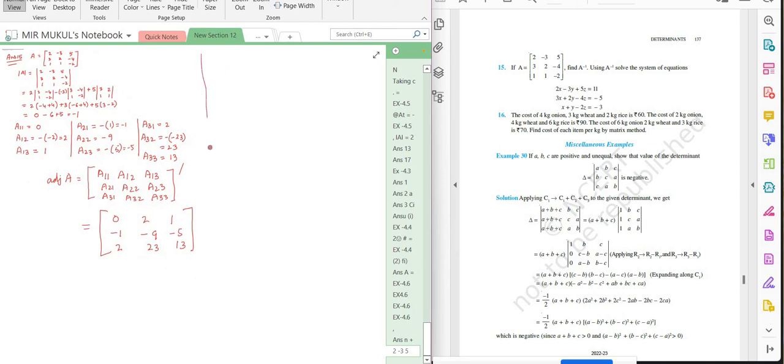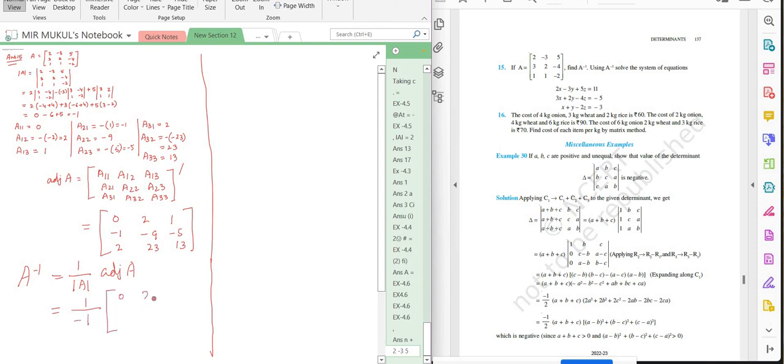After that we find A inverse. So A inverse equals, first you will write the formula: 1 by determinant of A into adjoint of A. So it is 1 by minus 1, into 0, 2, 1, minus 1, minus 9, minus 5, 2, 23, 13.